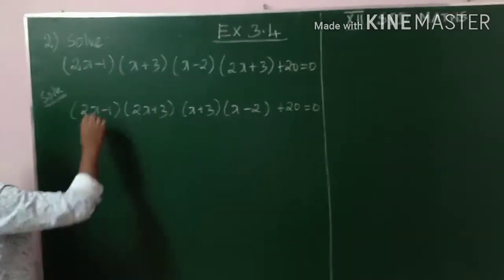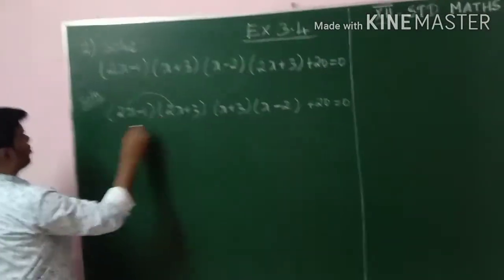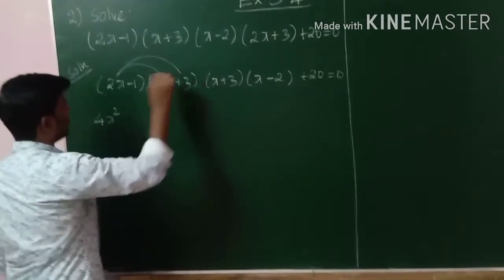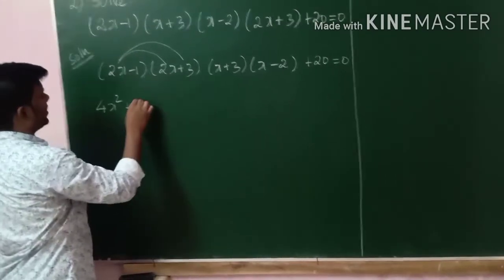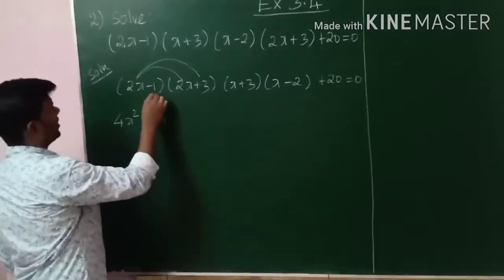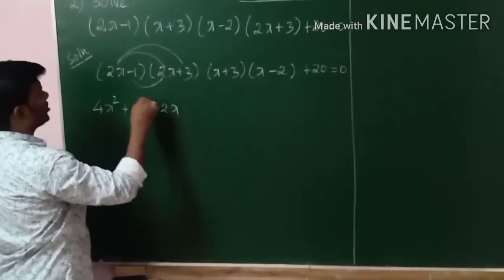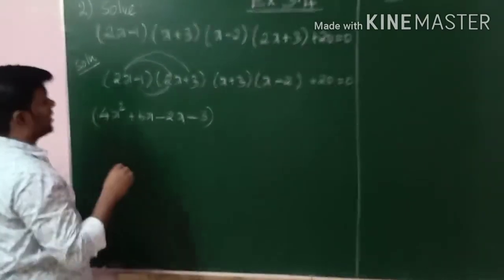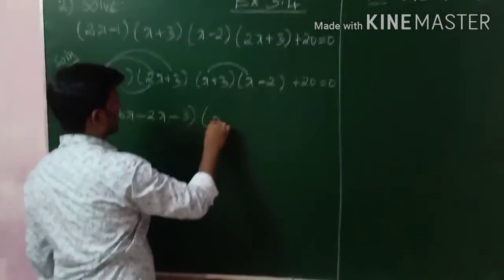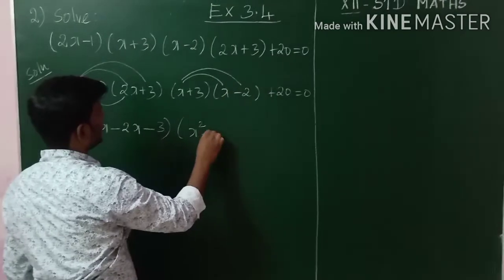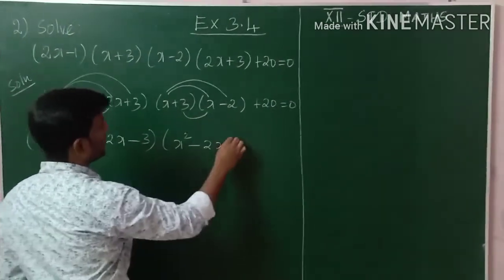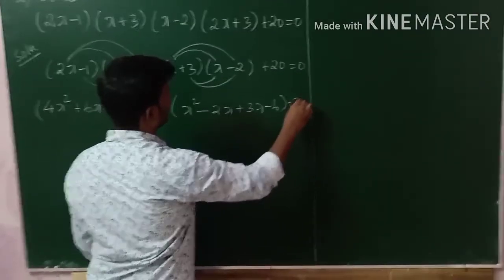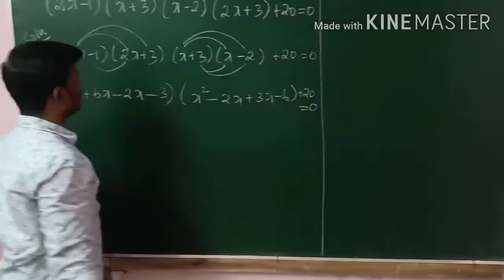equal to 0. So take 2x, multiply with 2x, 2 2s are 4, x into x, x square. Then take 2x, multiply with 3, 2 into 3, 6, 6 into x, 6x. Then minus 1 into 2x, minus 2x, minus into plus, minus 1, 3 is 3. And second one, x into x, x square, x into minus 2, minus 2x, 3 into x, 3x, 3 into minus 2, minus 6, plus 20 equal to 0.